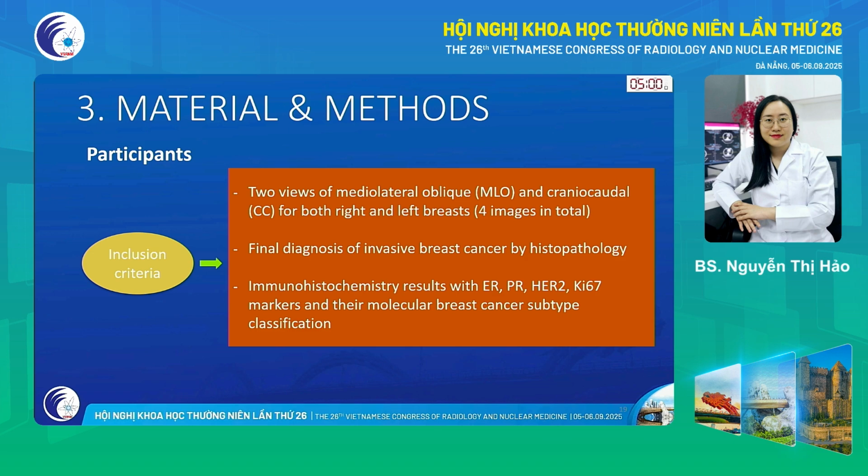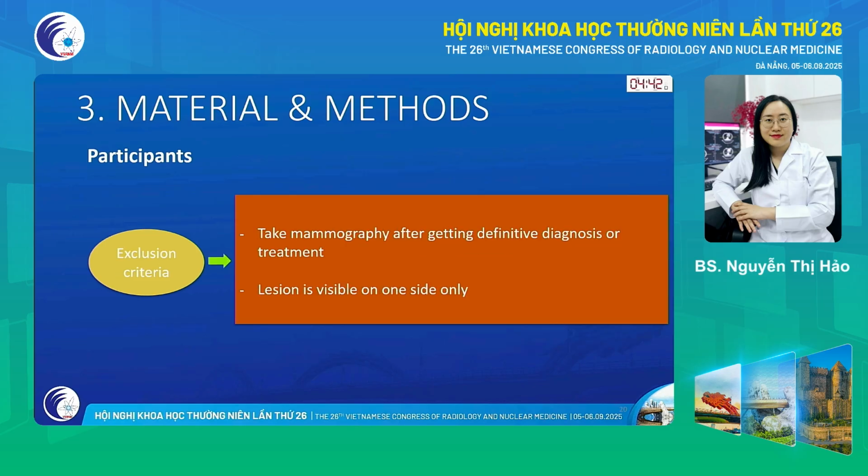About the participants, we include patients who have 2 views of MLO and 2 views of CC for both right and left breast, and the patient needs to have the final diagnosis in histopathology with IHC results and a defined subtype classification. We do not include patients who took the mammography after getting a definite diagnosis or treatment, and when the lesion is visible on one side only.